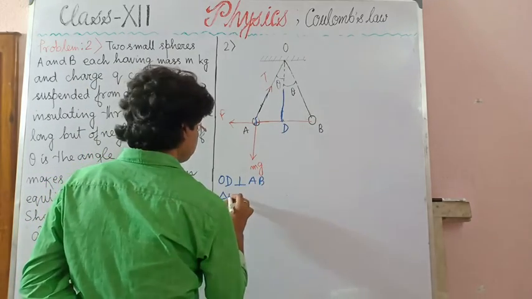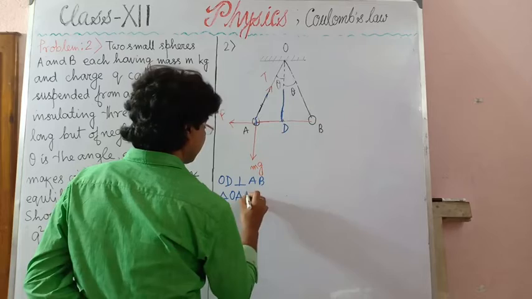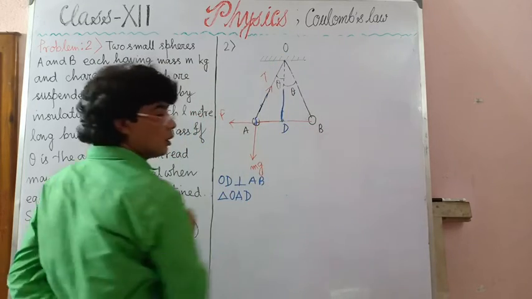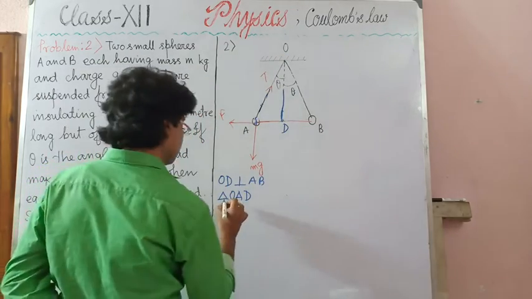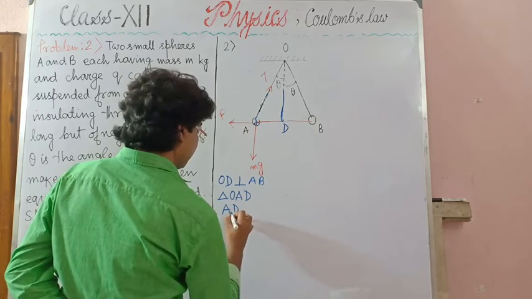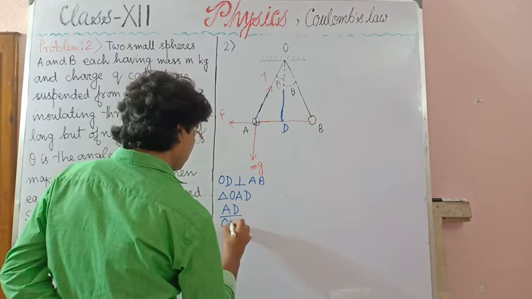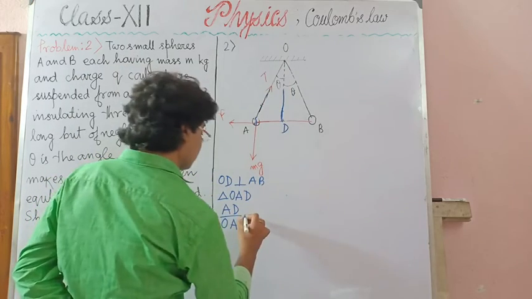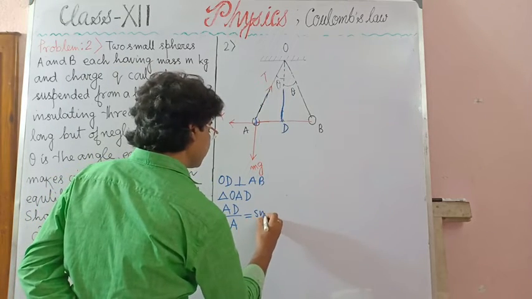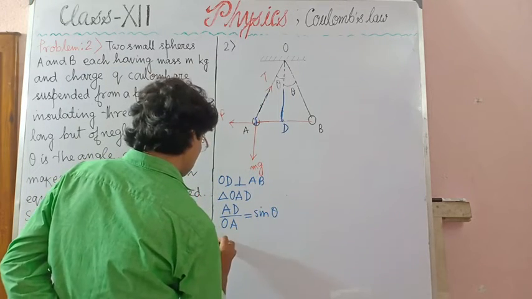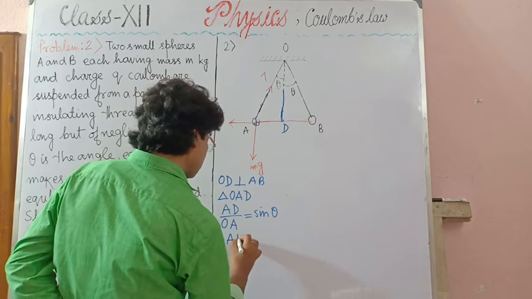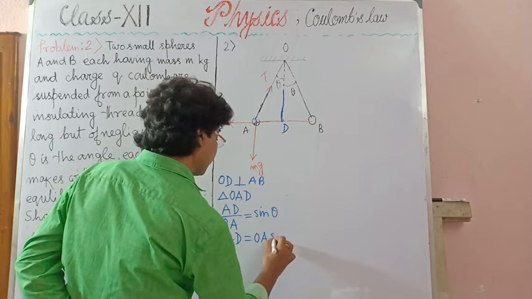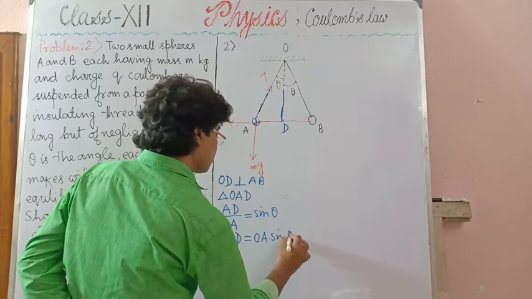Now from triangle OAD, we can write AD by OA equals sin theta, or AD equals OA sin theta.